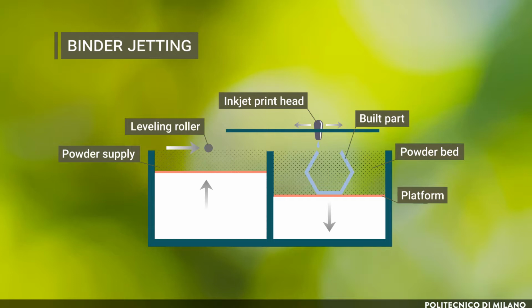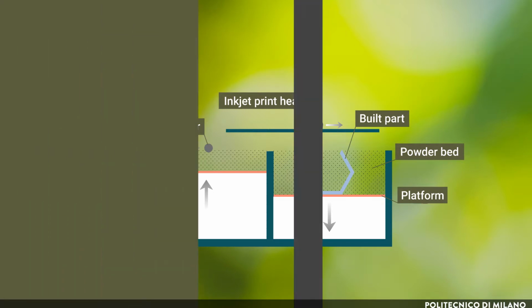A printhead moves horizontally along the X and Y axis of the machine and deposits alternating layers of the build material and the binding material. After each layer, the object being printed is lowered on its build platform. Metals and ceramics are commonly consolidated by sintering and infiltration with melted material.